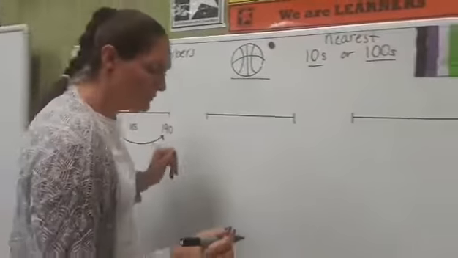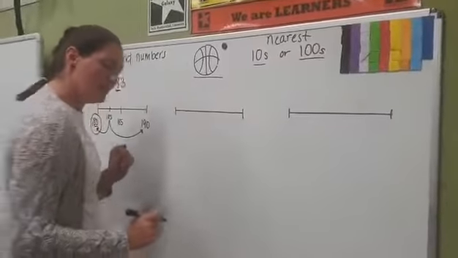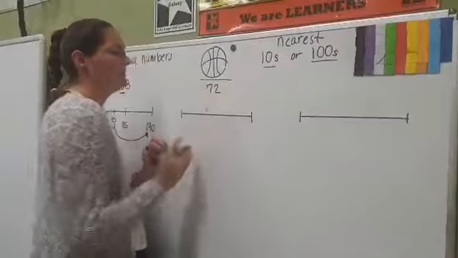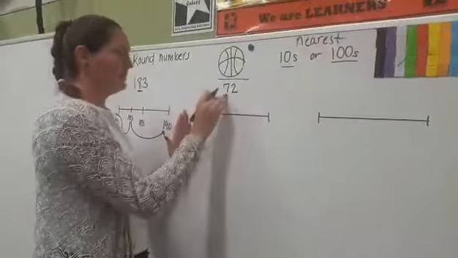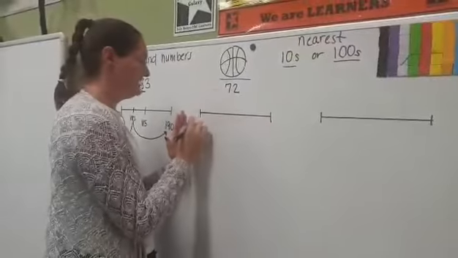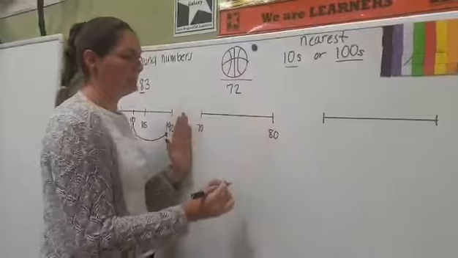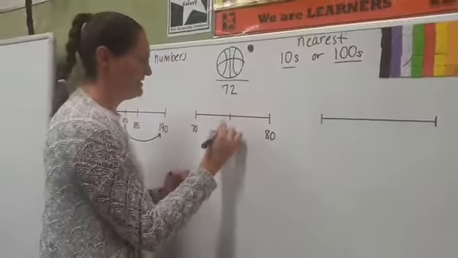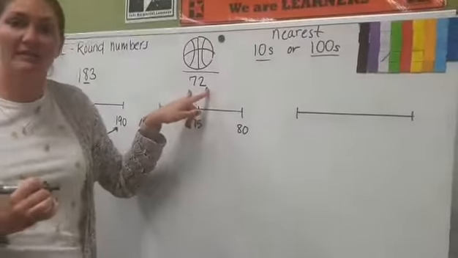Let's do another example. Let's try 72. The first thing I need to do is think about the decade on either side. First decade, I know that this is 70, 7 tens. And then the next one would be 8 tens, which is 80. In the middle, I'm going to put the 5, so it's going to be 75. My number I'm looking at is 72.